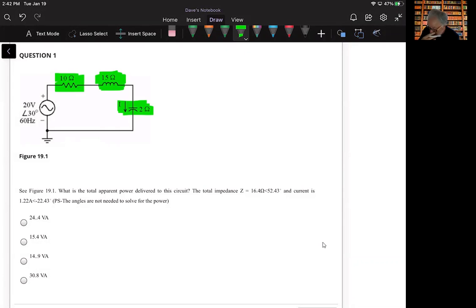Now, what I didn't do here, because I know you've been away from this for a while, and I also realize that you may have been rushed through certain areas, is have you go through this calculation for this type of problem, where you would have 10 plus j15 minus 2.